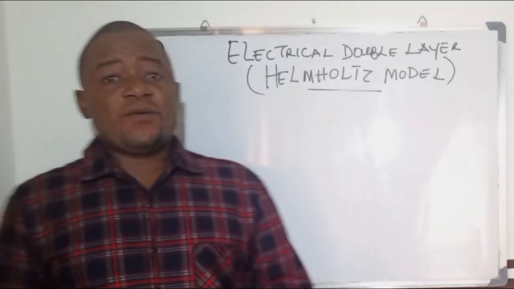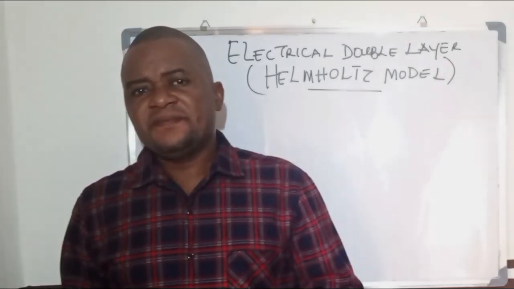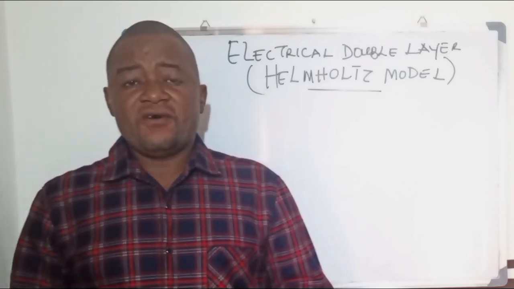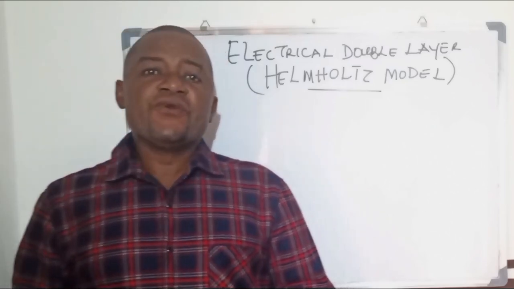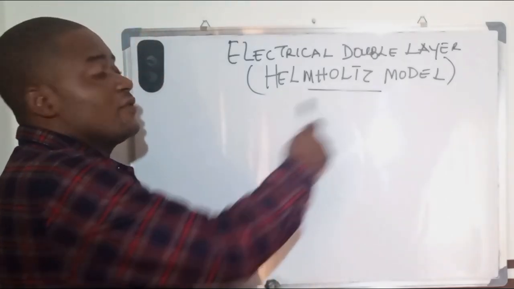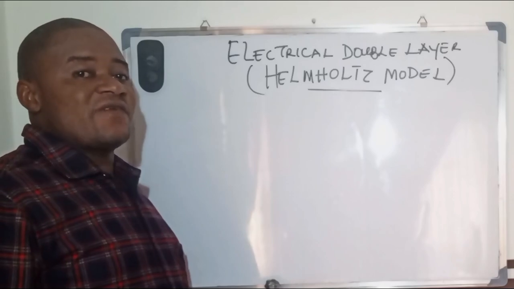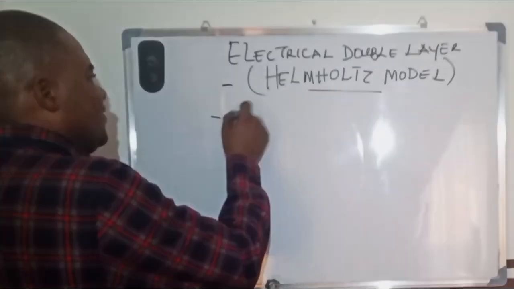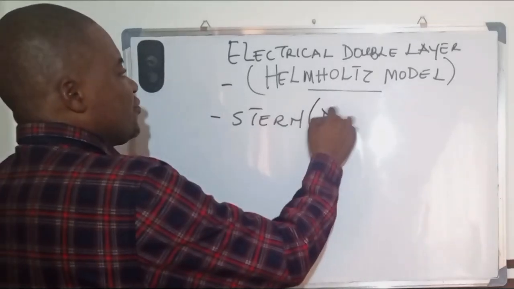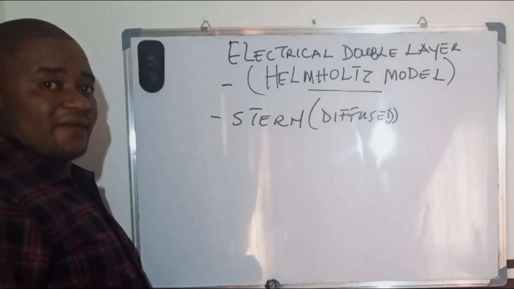The electrical double layer was discussed by many chemists and physicists, but there are only three models of great importance that we use to discuss it. One of those models is the Helmholtz model. The deficiency of the Helmholtz model gave rise to the Stern model, which is usually called the diffuse model.